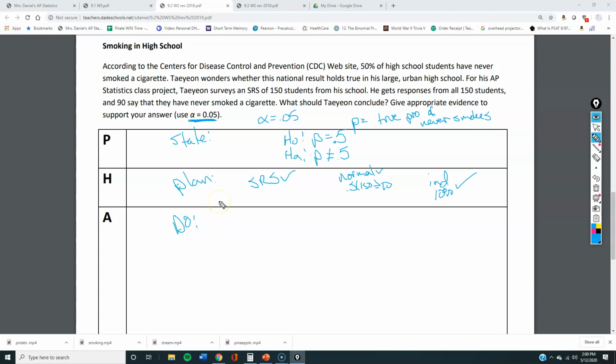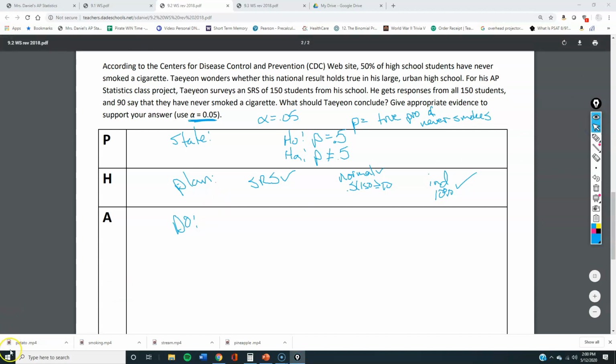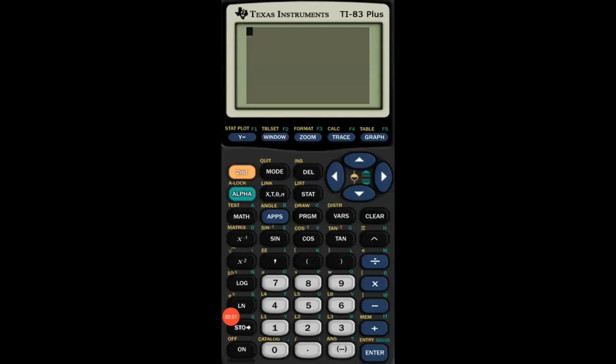All right, I'm going to fade off again and go to my calculator and come back with some statistics, okay? All right, let's do the smoking problem here on our calculators. I'm going to hit stat, go to test. Again, this is a one proportion z test because we're dealing with proportions and we have one of them. Our null for this one is 0.5. And out of it, we took our simple random sample.